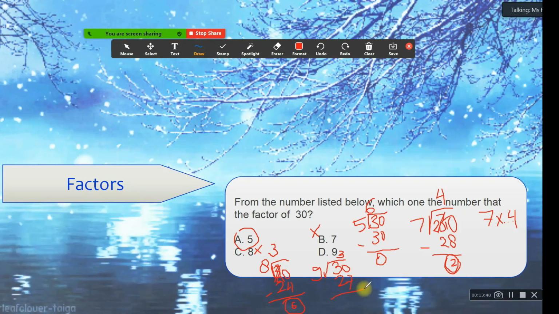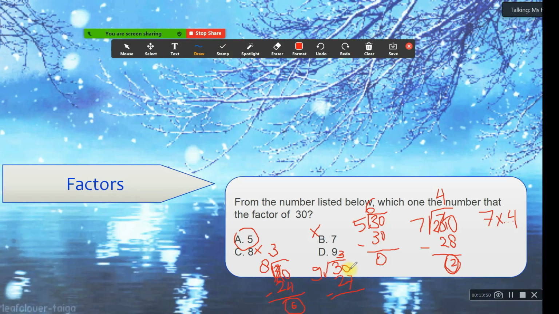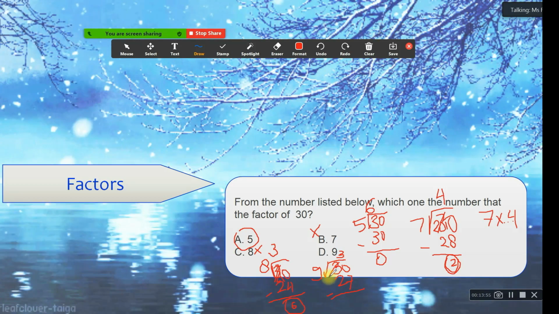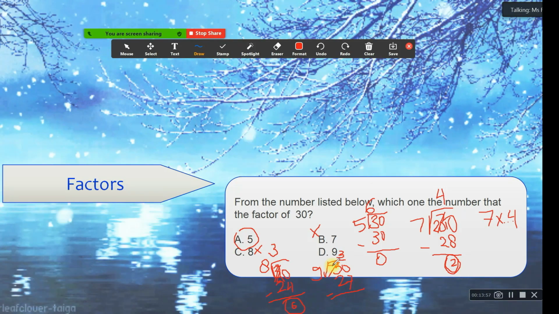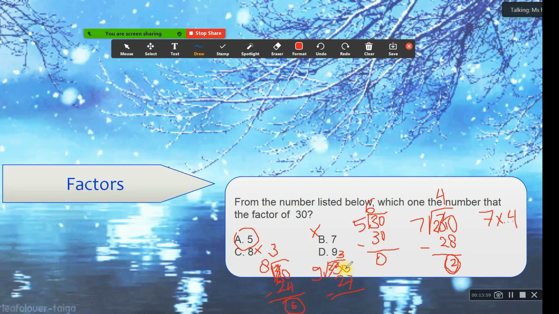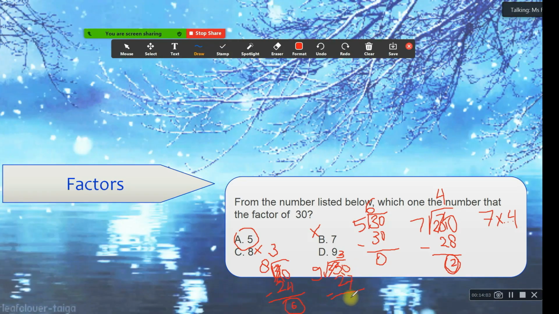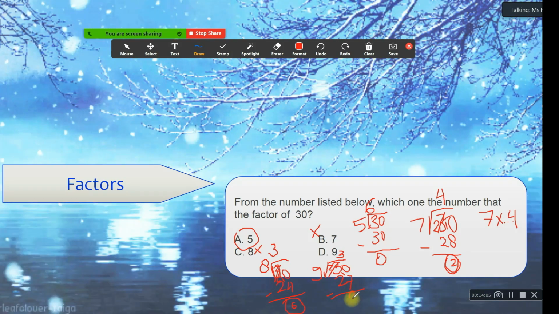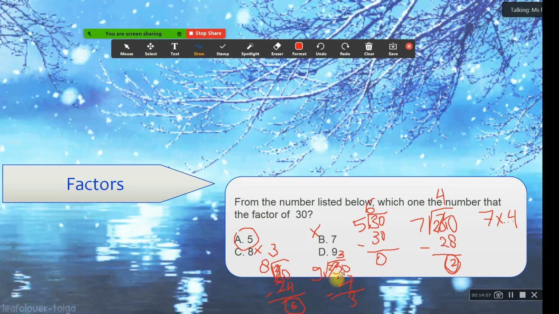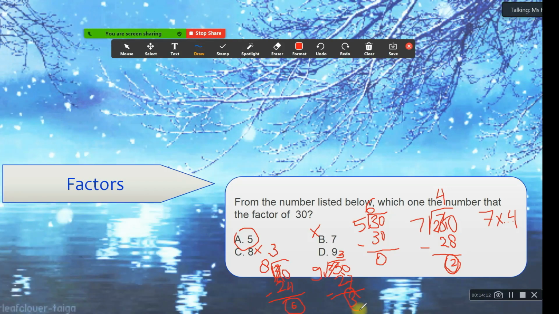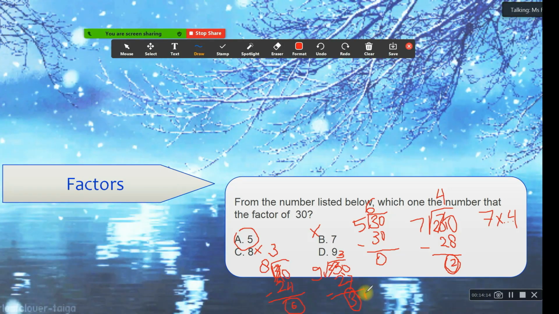We can minus. 0 minus 7 cannot, so we borrow from 3. 3 becomes 2, and then 0 becomes 10. 10 minus 7 becomes 3, right? And then 2 minus 2 becomes 0. Look at this, this is the remainder.